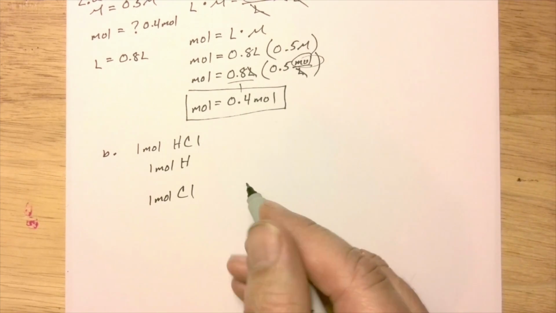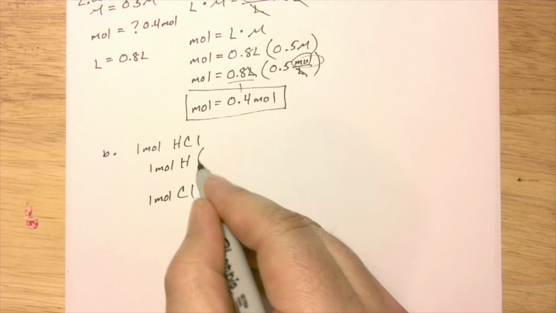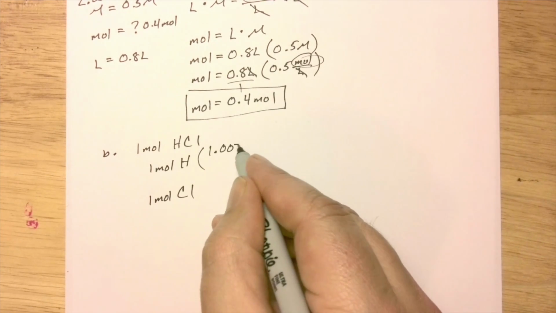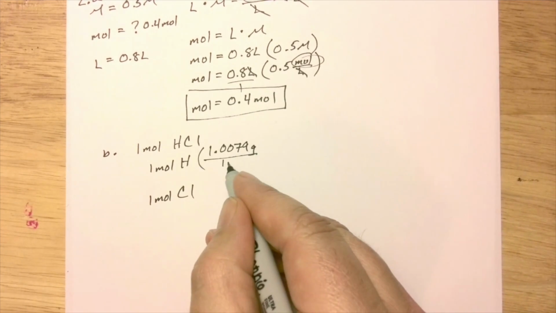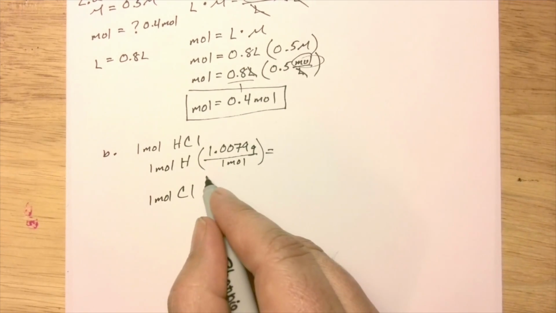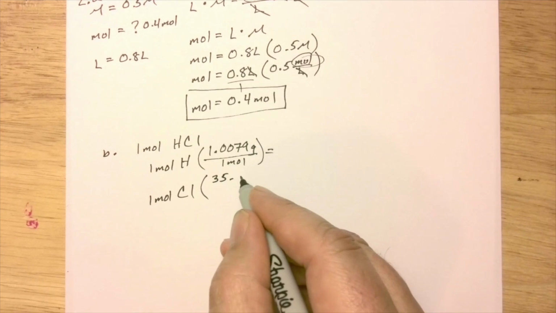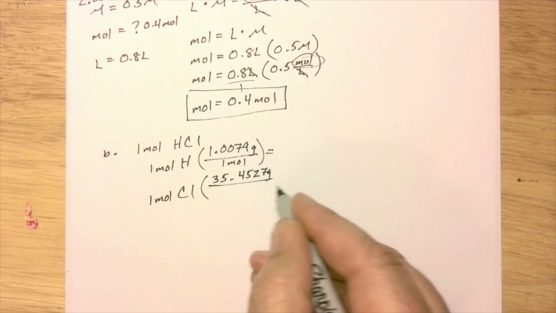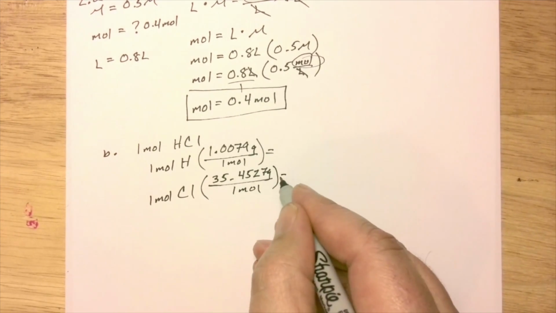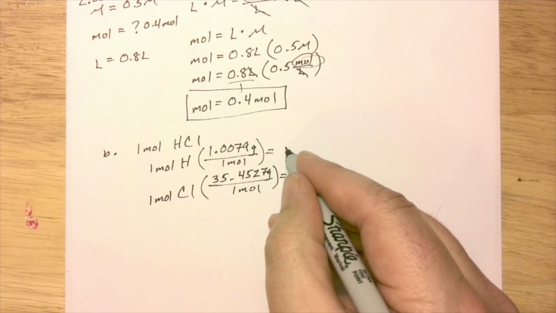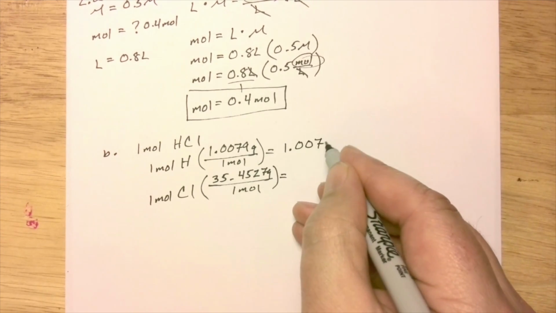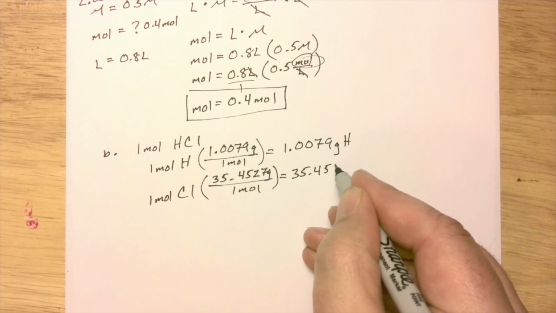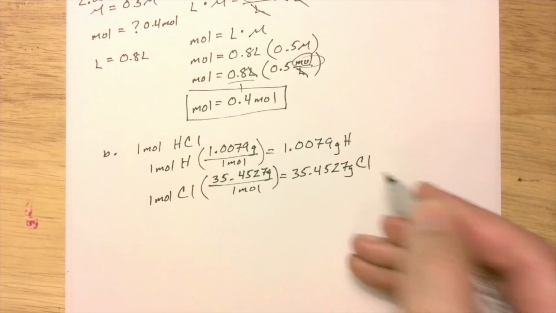Right, so moles to grams, you have to look on the periodic table. Hydrogen has a mass of about 1.0079 grams all over 1 mole. And chlorine is 35.4527 grams for every 1 mole. Better not use a calculator again. So you have 1.0079 grams of hydrogen and 35.4527 grams of chlorine.